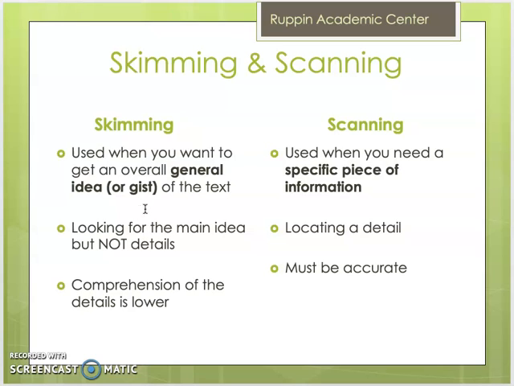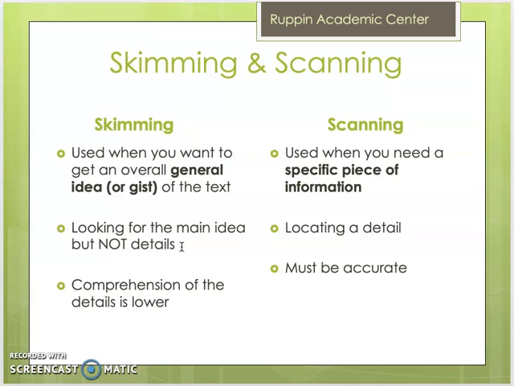We can remember that gist goes with skimming because they both have an I. Skimming has the I at the beginning, whereas scanning doesn't. So that will help us remind ourselves that skimming is for the gist of the text.